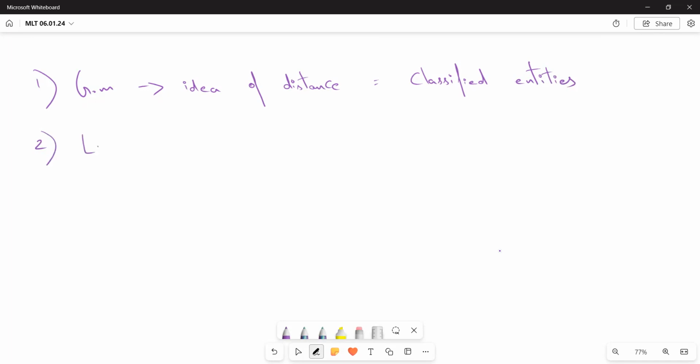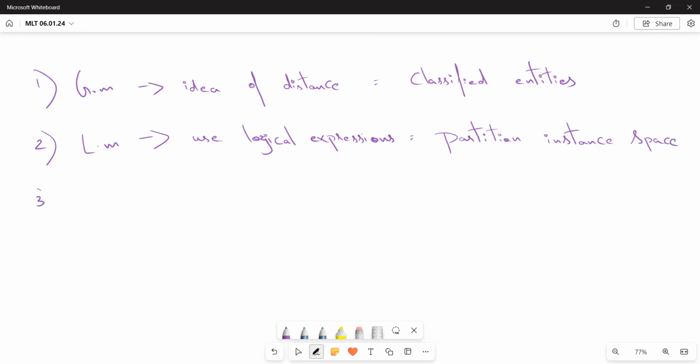And your logical models, what do they do? They use logical expressions to partition the instance space. And your last one is probabilistic models.